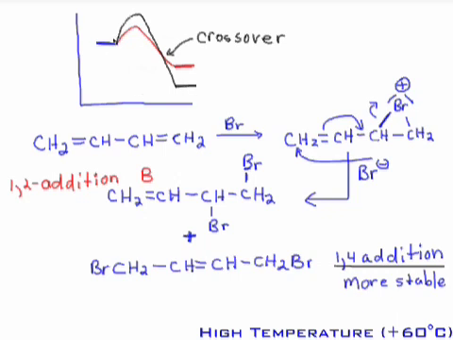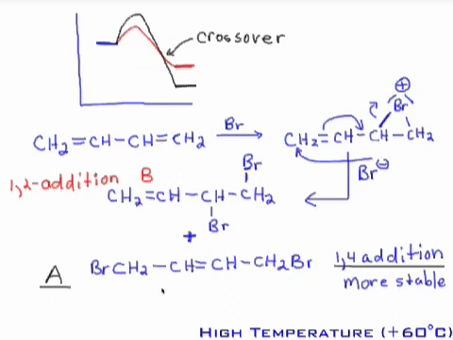Red molecules get back, more go to red than black, but eventually you start getting a buildup of black. At the temperature of plus 60 degrees, where there's 90% A, the 1,4 will predominate. This is called thermodynamic control because the more thermodynamically stable molecule predominates. So the 1,4 addition product A is product A.